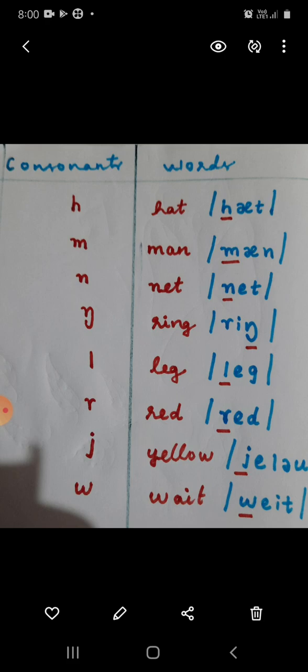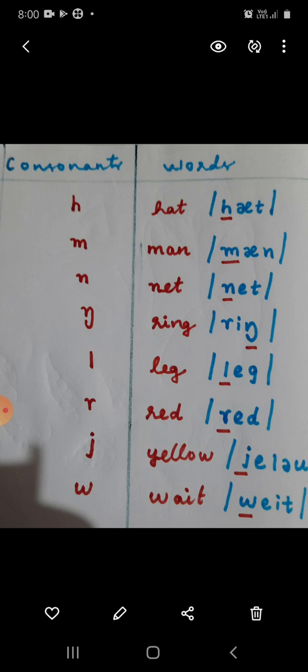So many examples are there. So the example we are providing here is man. Opening the slash, m sound, then a sound, then n sound. And we are closing the slashes. The word is man. Clear? We'll pass on to the next sound.